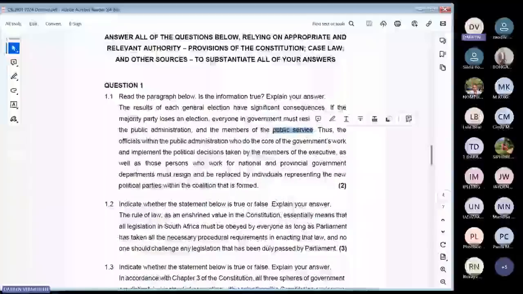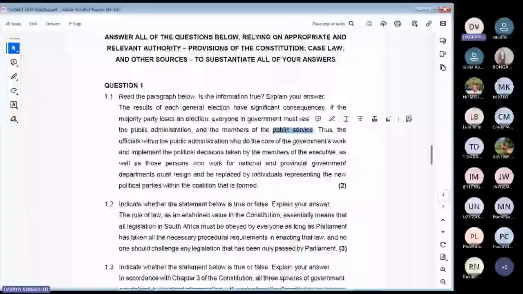Just because we change governments or have elections doesn't mean that every single civil service employee must resign and be replaced by another civil service employee. With regards to the Constitution, what would apply in this case is Section 195, which is the public administration section, and it has its own section in the Constitution, so it's not subservient to the political parties.